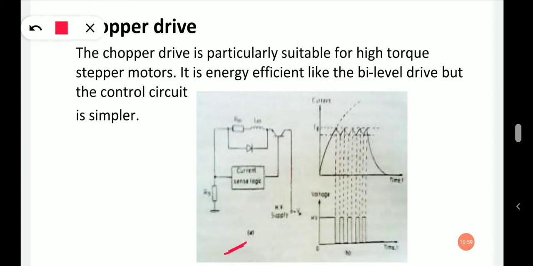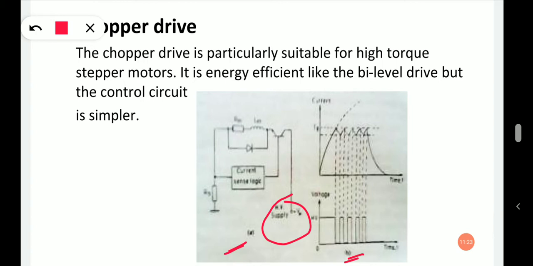Figure A and figure B, two figures are there. Here HV supply, that is high voltage supply, is applied, and that high voltage means 5 to 10 times, and the current is allowed to rise very fast.